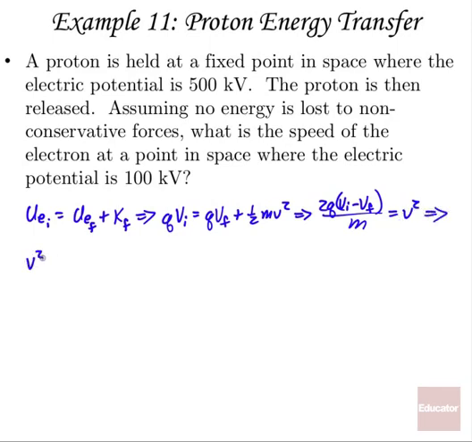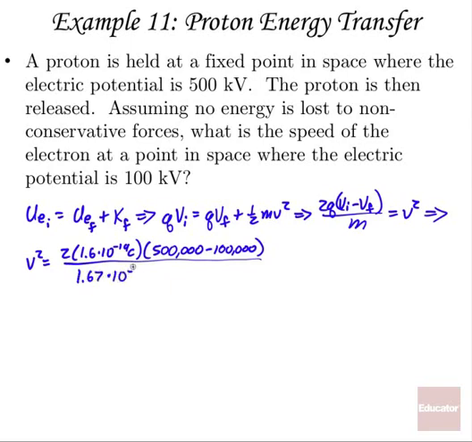Therefore, v squared equals 2 times our charge on our proton, 1.6 times 10 to the minus 19 coulombs, times VI minus VF, that's 500,000 volts minus 100,000 volts, all divided by the mass. Have to look up the mass of a proton. You'll find that it's about 1.67 times 10 to the minus 27 kilograms.